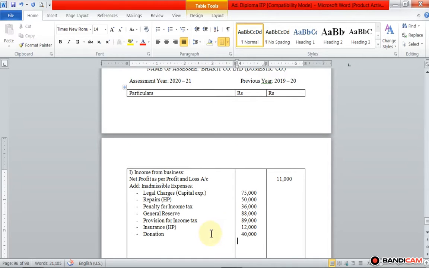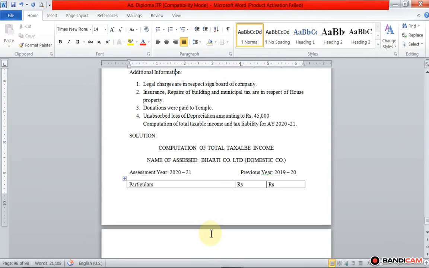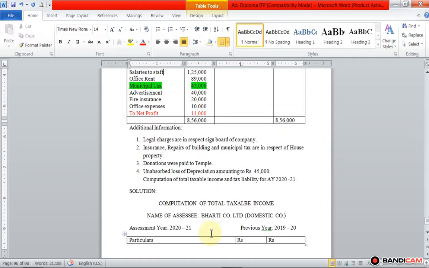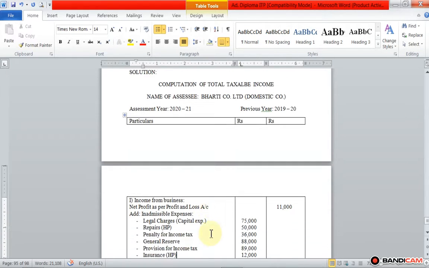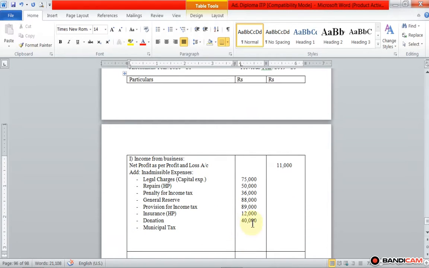Then municipal tax amounted to rupees 43,000.